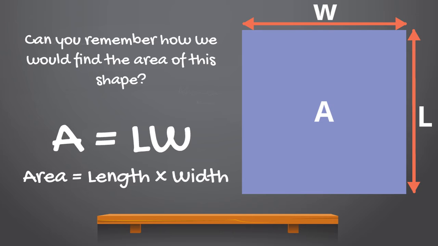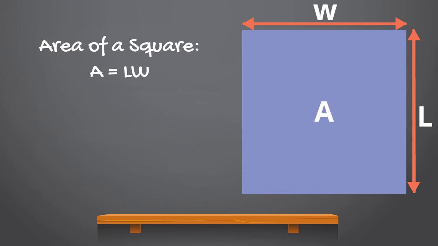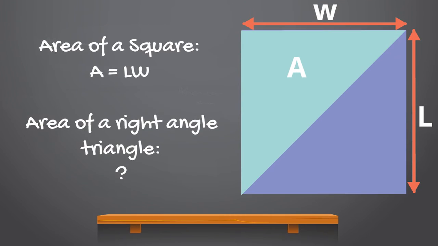So let's use our brains a bit here. You can find the area of a quadrilateral by multiplying its length by its width. A equals LW. But what formula would you use to find the area of half a quadrilateral? This right angle triangle that I've got shaded in here. Pause the video and have a think. Well, the right angle triangle is half the size of the quadrilateral.